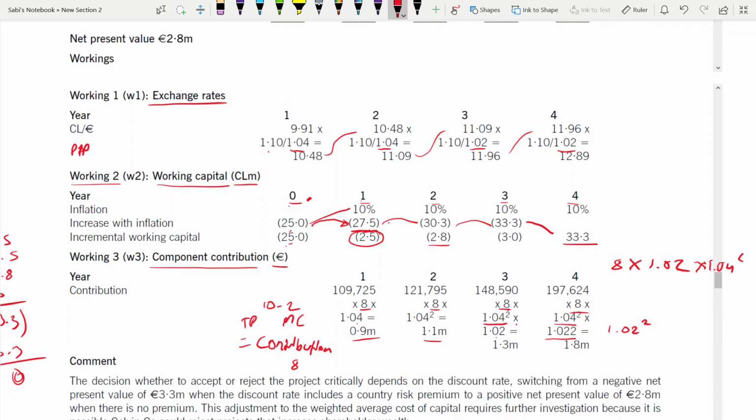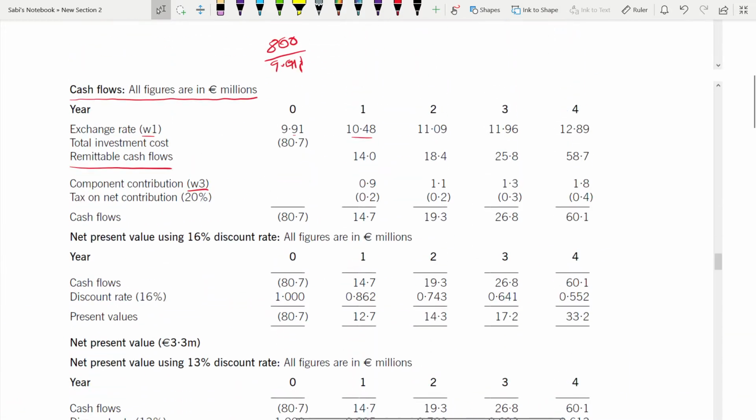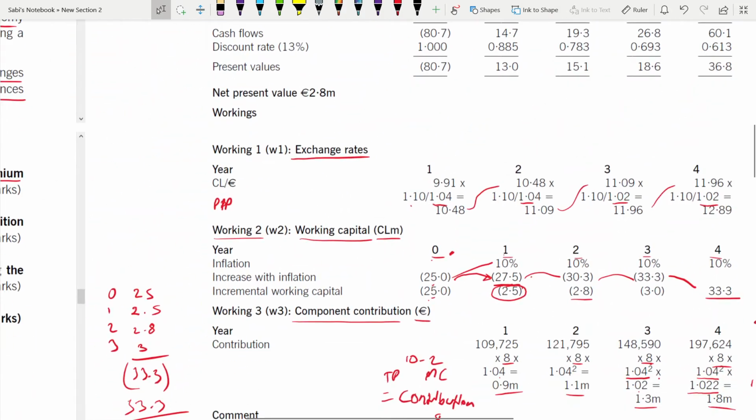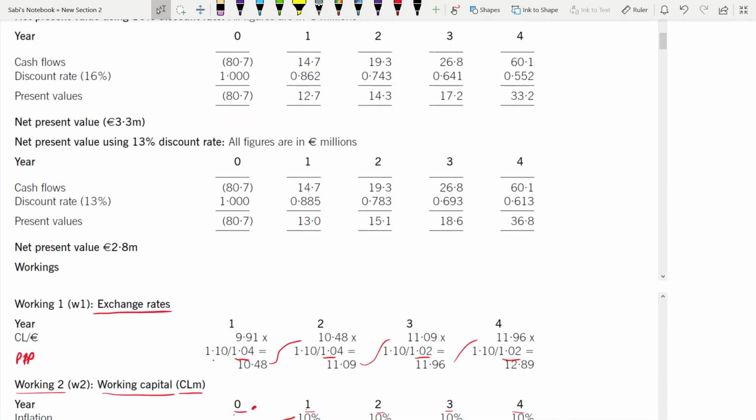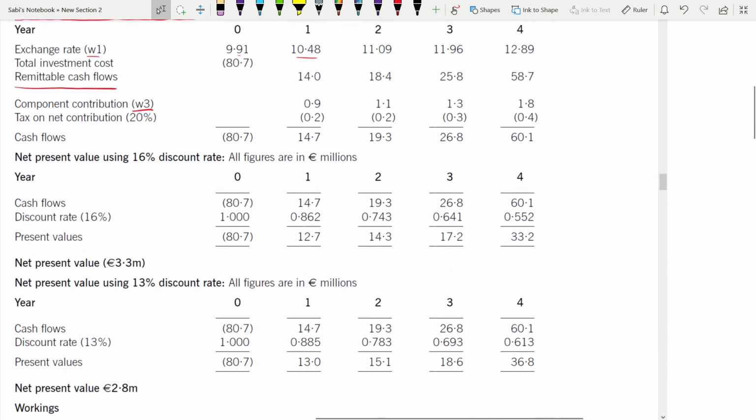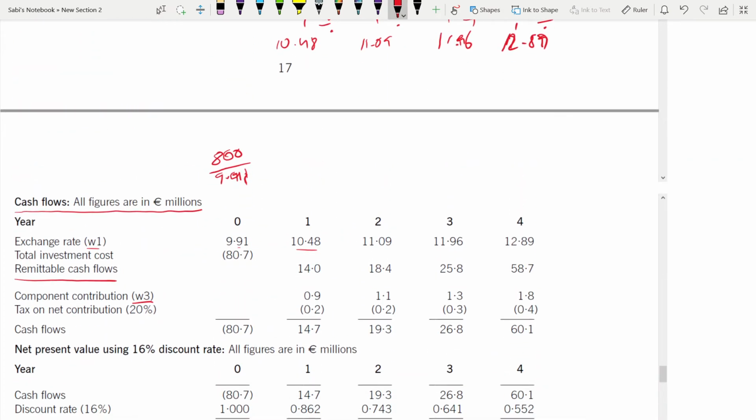That's a mistake, please correct it. So this figure will go and you put it in the contribution here. No need to convert, it is already in euro and you are writing the cash flow in euro. Copy pasted, just take and write your contribution here.